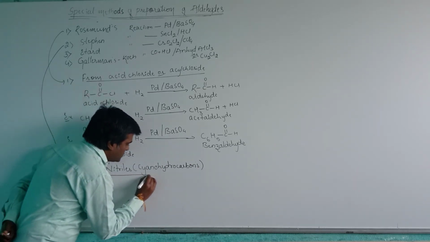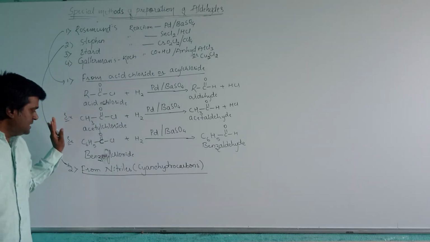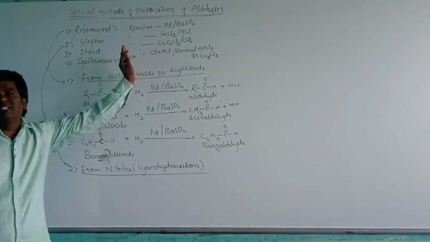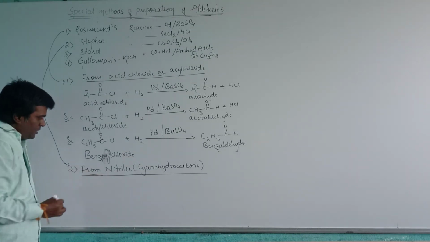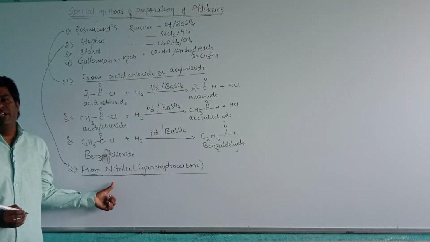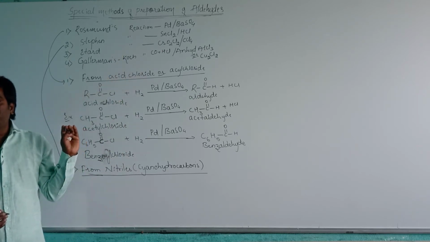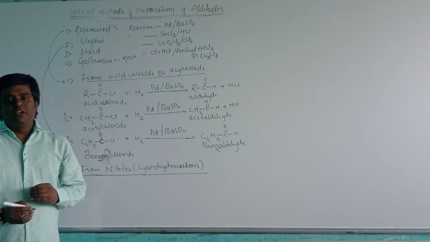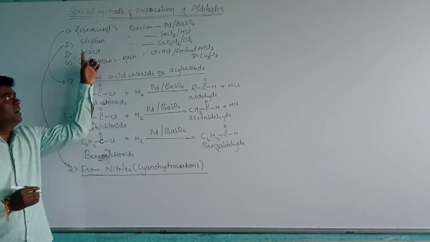This method is known as the Stephen reaction. In this reaction also a reduction takes place, in the presence of stannous chloride and hydrochloric acid. The nitriles undergo reduction in the presence of stannous chloride in concentrated hydrochloric acid, which gives the addition product, which on acid hydrolysis finally gives the aldehyde.